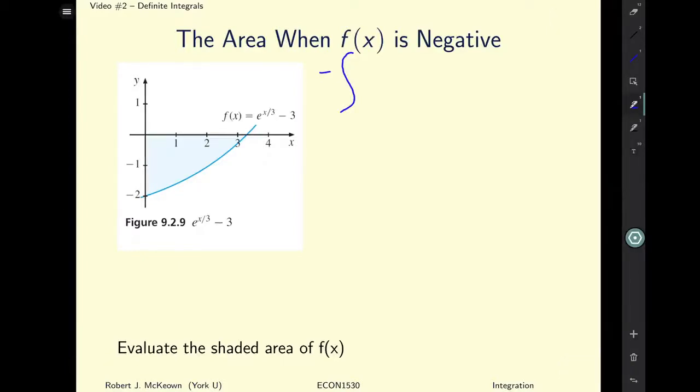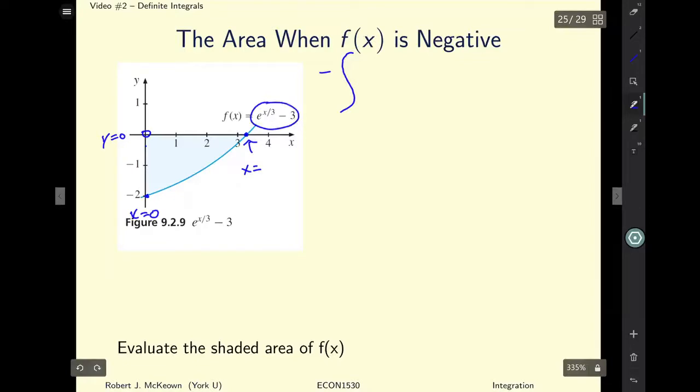Let's evaluate from this point here, where x is equal to 0, to this point here. Since the y-axis variable is equal to 0 here, we can cheat a little bit, and we know that this function is going to be equal to 0 when x is equal to 3 log 3.